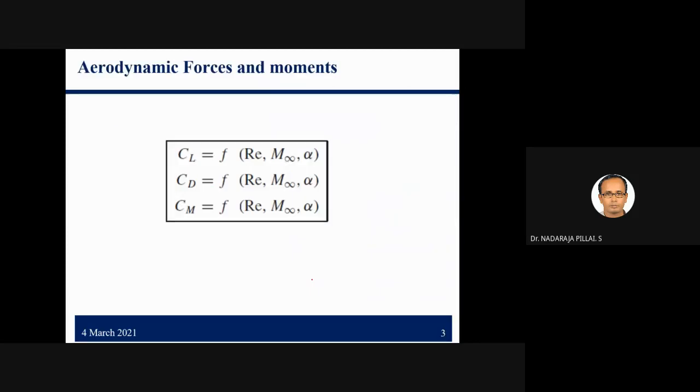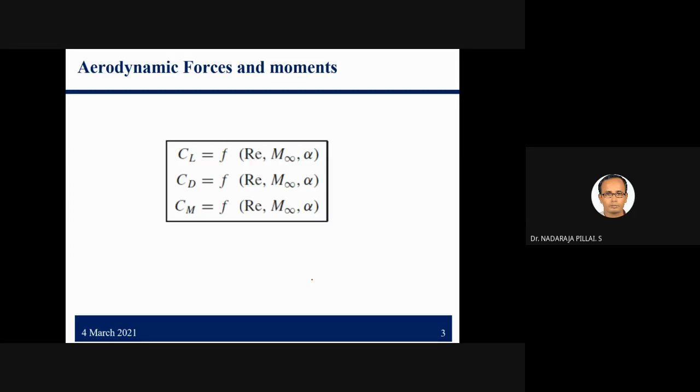So, in the last class, we had a discussion that CL is the coefficient of lift, CD is the coefficient of drag, and Cm is the moment coefficient. And all these depend upon the Reynolds number, Mach number, and angle of attack, right?